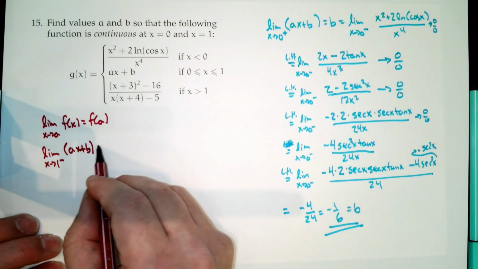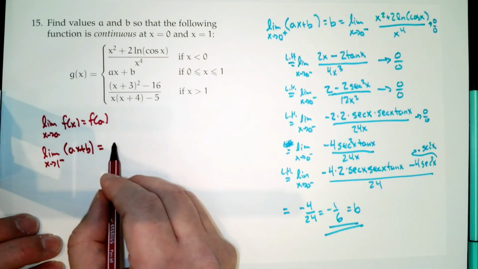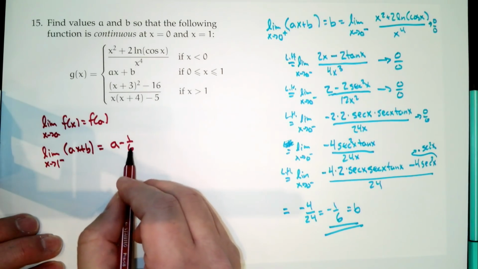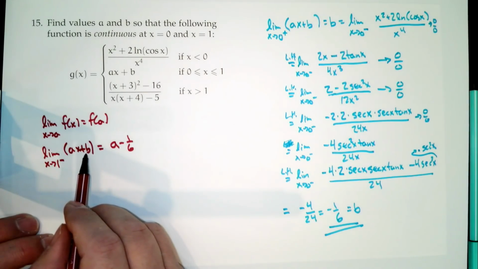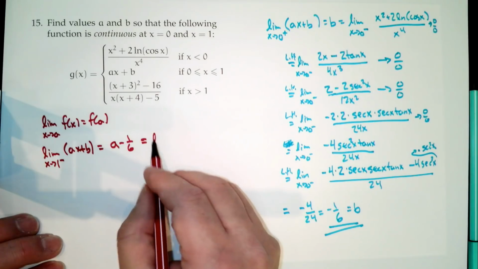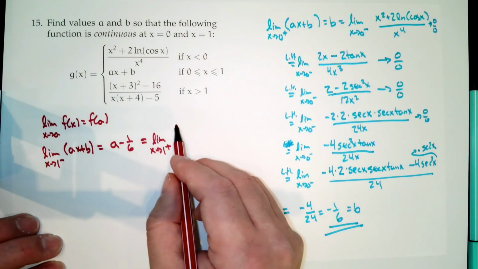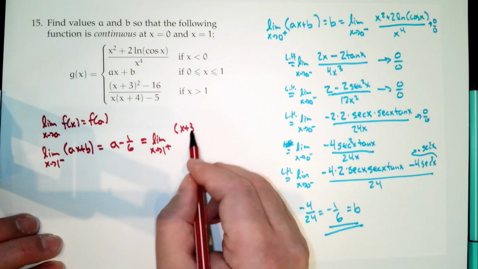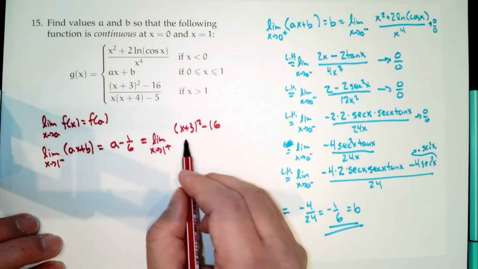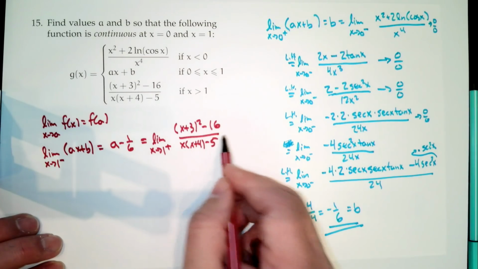Well, that's going to be easy to find. That's going to be a plus b. But I know what b is, so that's a minus 1/6. That better be equal to the limit as I approach 1 from above of my function, which is x plus 3 squared minus 16 divided by x times x plus 4 minus 5.